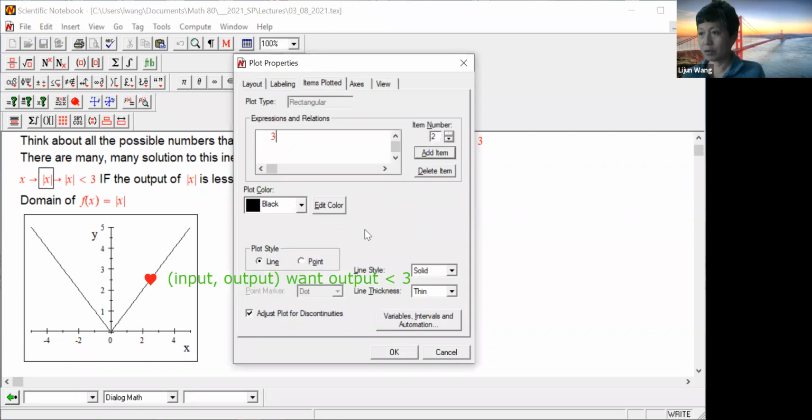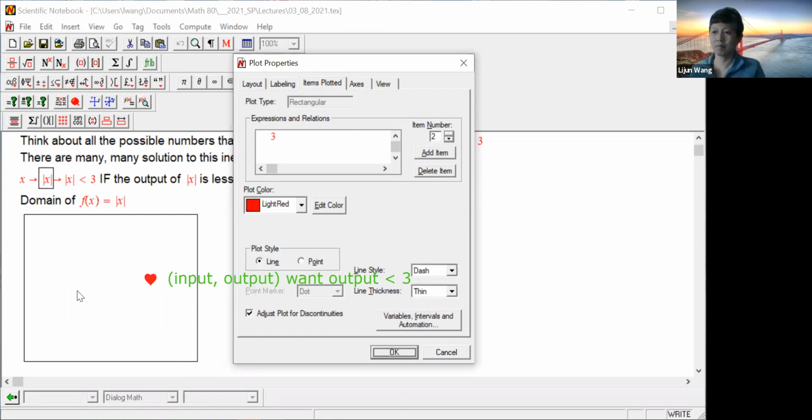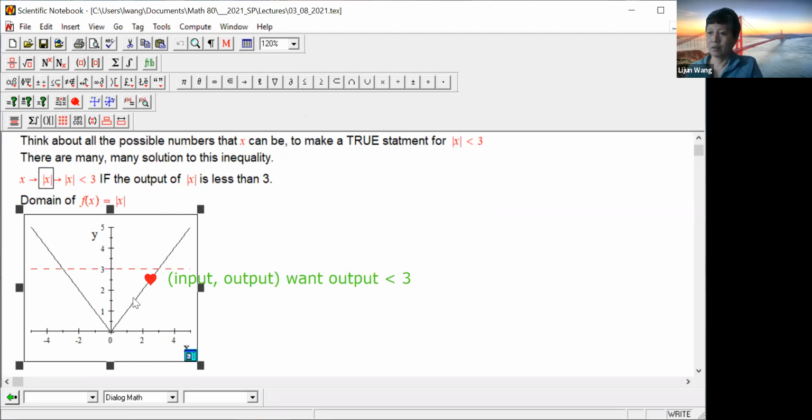So if I graph this line, for this point, the input is this much.